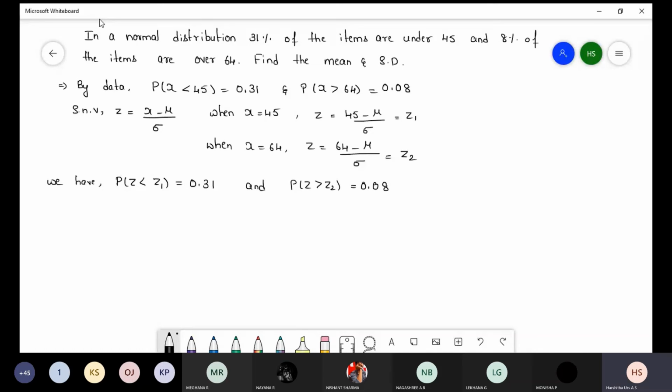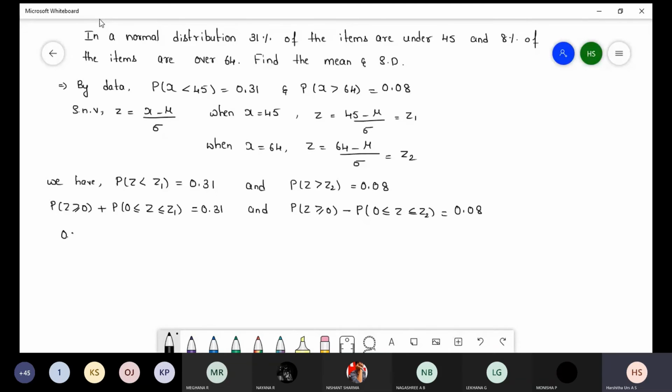For less than Z1 means P of Z greater than or equal to 0 plus P of 0 less than or equal to Z less than or equal to Z1 is equal to 0.31, and P of Z greater than or equal to 0 minus P of 0 less than or equal to Z less than or equal to Z2, that is equal to 0.08.